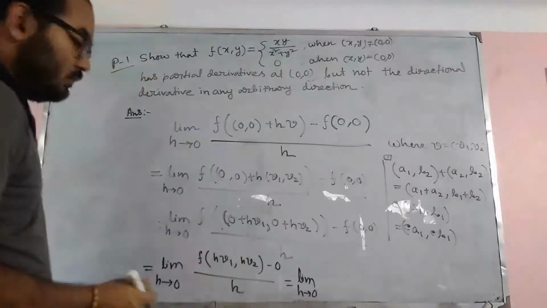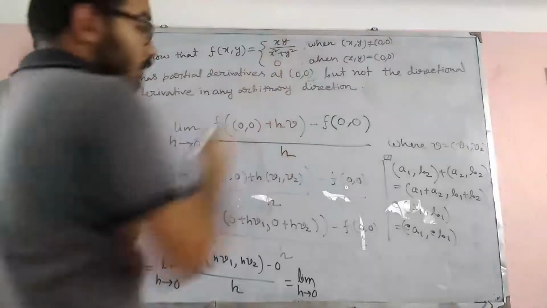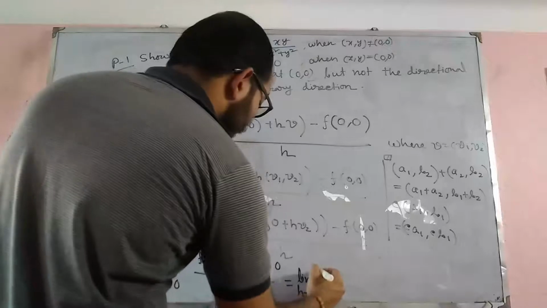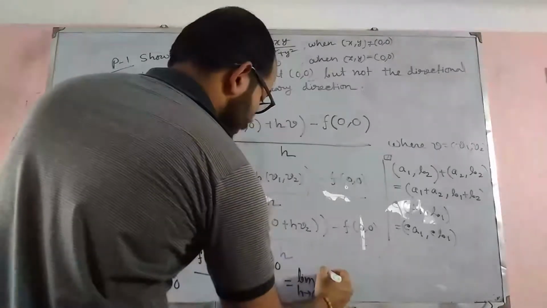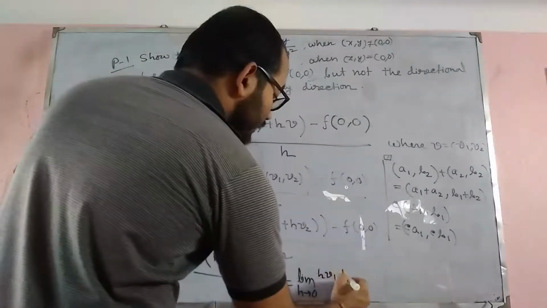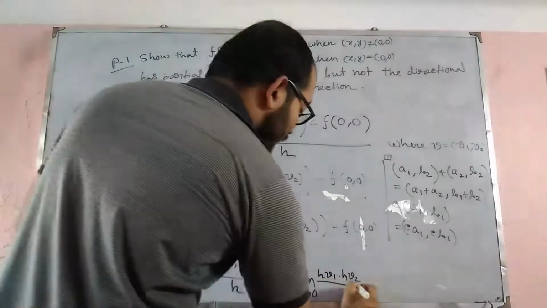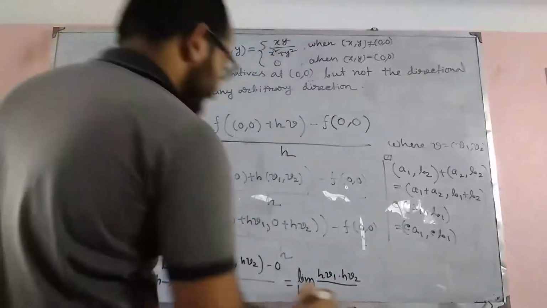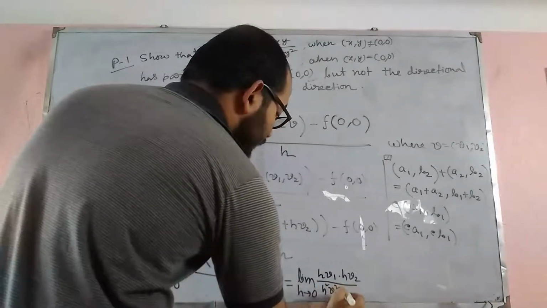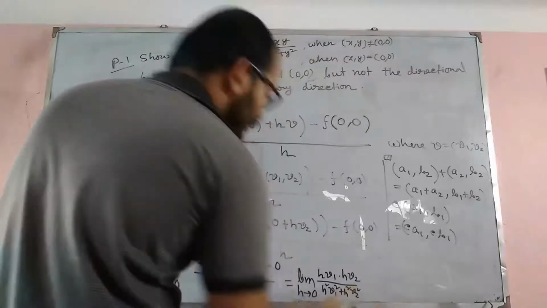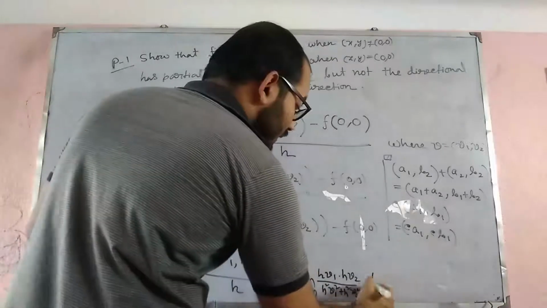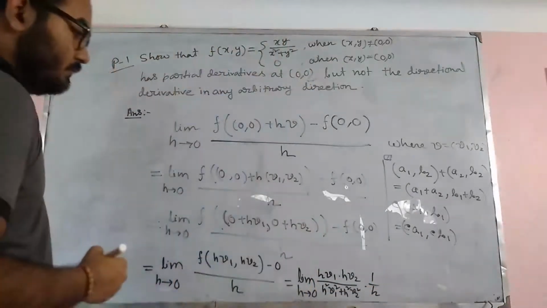This is a non-zero point, so we put this point in this expression: h v1 dot h v2 by h square v1 square plus h square v2 square. And here another h, so I write here 1 by h.